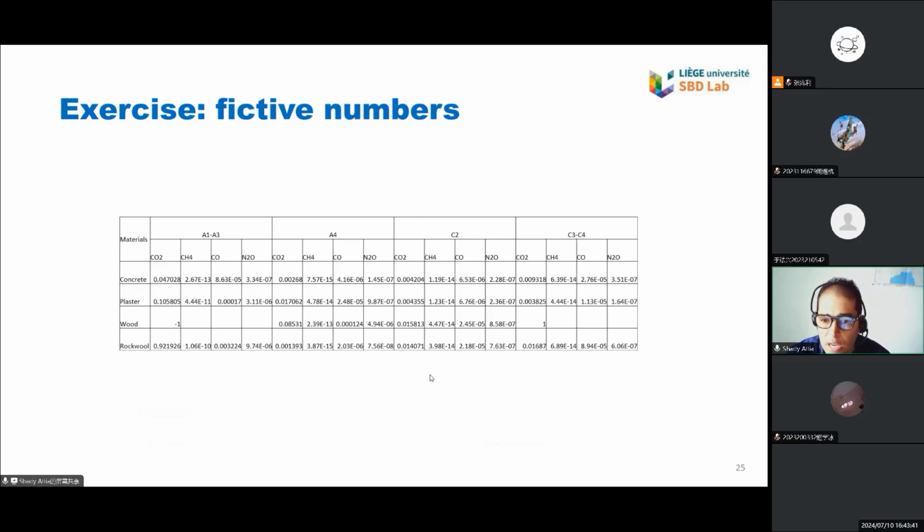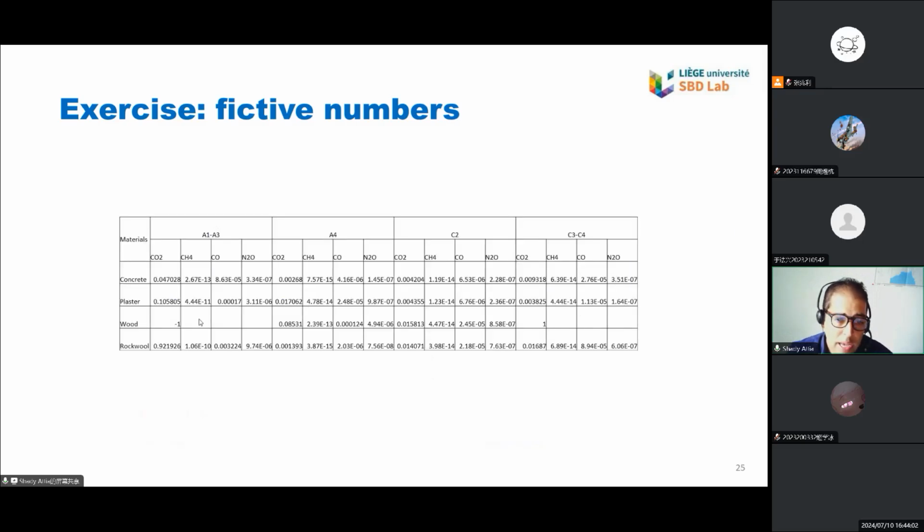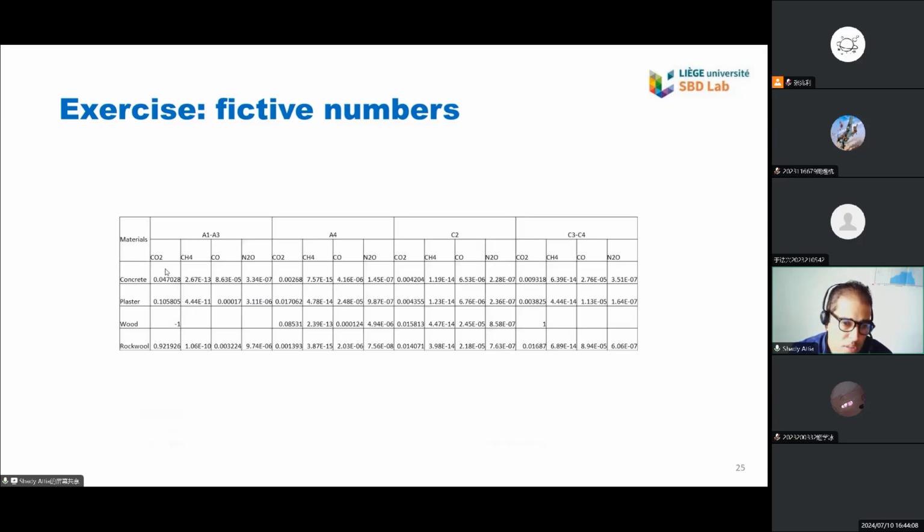I will ask you to calculate the greenhouse gas emissions during all these stages that you can see here, A1 to A3, A4, C2, C3, and C4. So in this exercise, you will take this information, maybe make an Excel sheet or a spreadsheet, or even calculate it manually, and you start to say, okay, I have, for example, 240 kilograms of concrete. What are the emissions of concrete per kilogram?